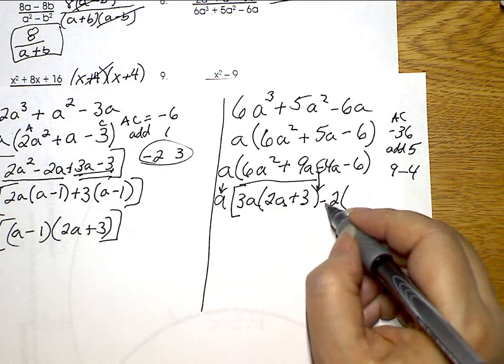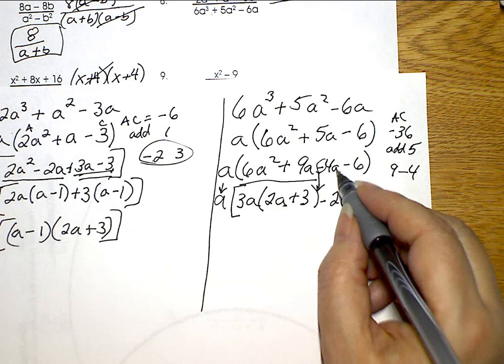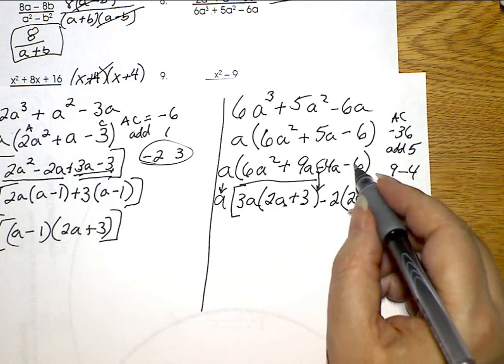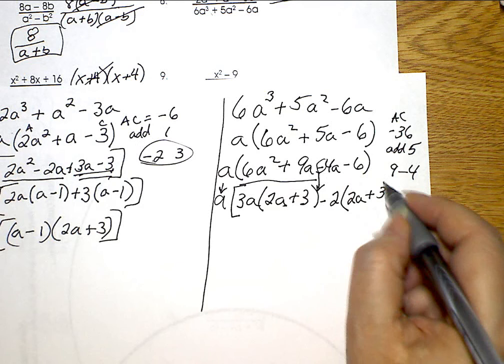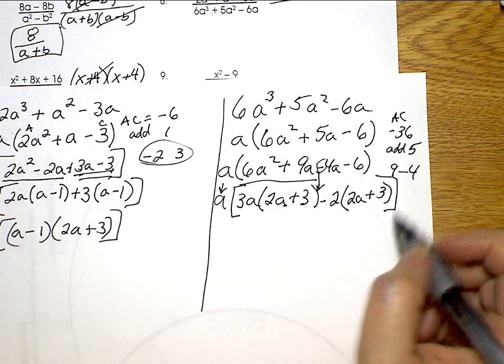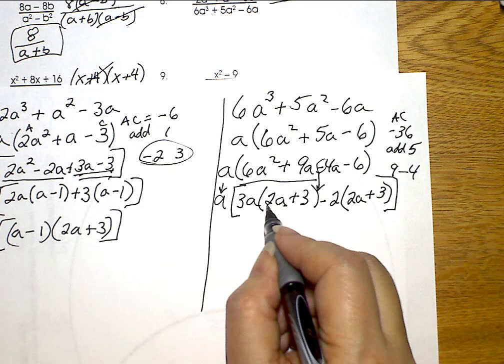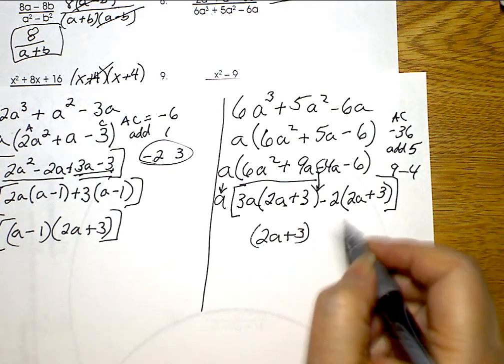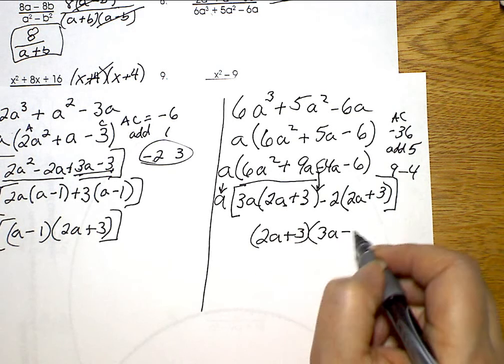So negative 2 times negative 4a gives me a 2a. Negative 2 times what gives me a negative 6 is plus 3. Last we have is 2a plus 3 and 3a minus 2.